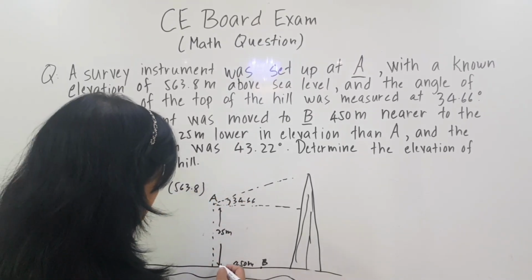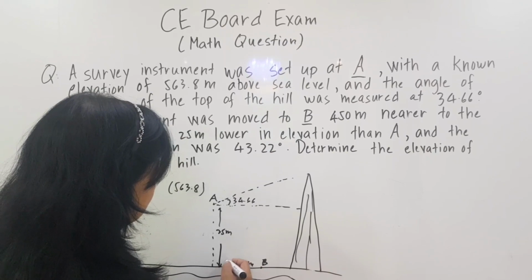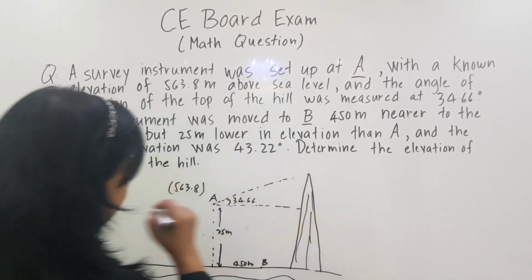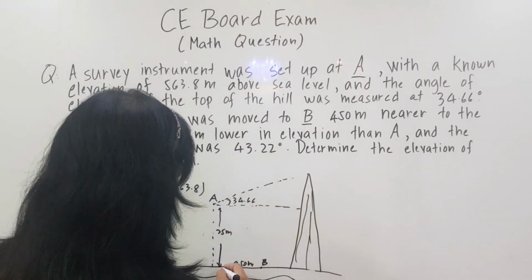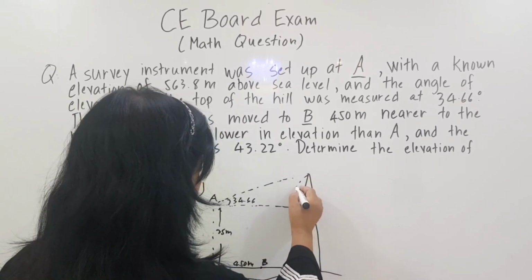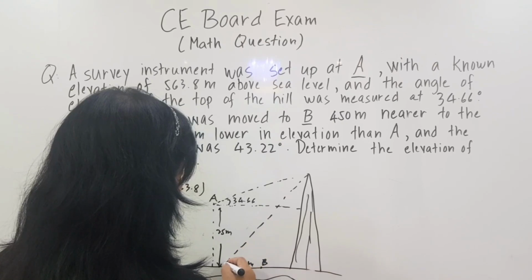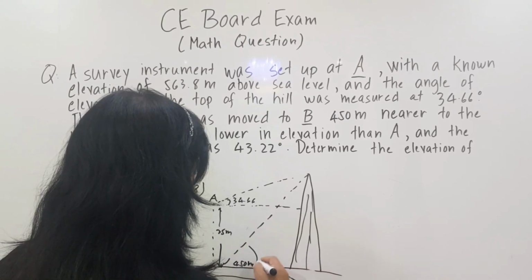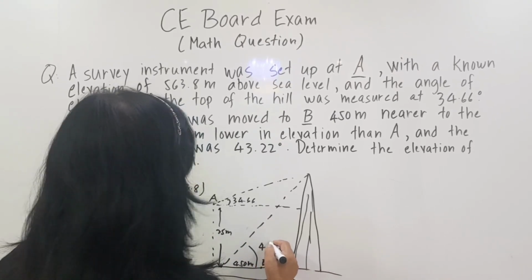So from here to here, the angle of elevation is 43.22.